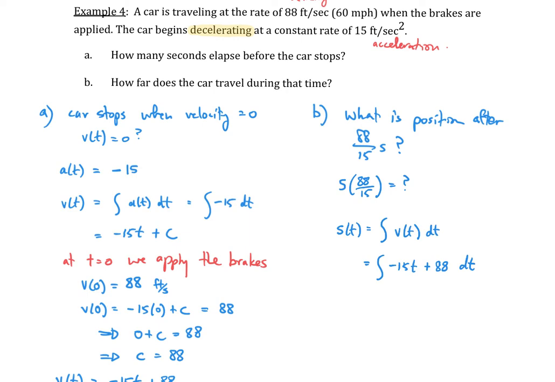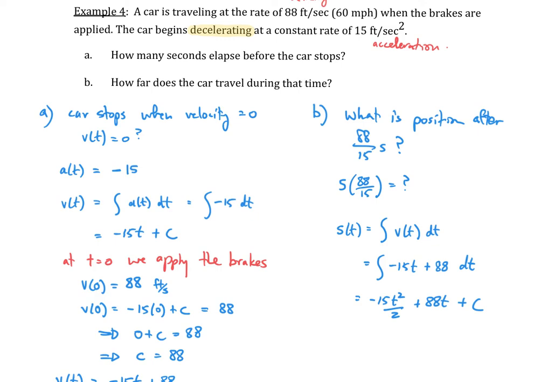The antiderivative of this, well, I could break this up into different pieces if I wanted to. The antiderivative of the first term is negative 15t squared divided by 2. The antiderivative of the second term is plus 88t. And then we're going to have a plus c.